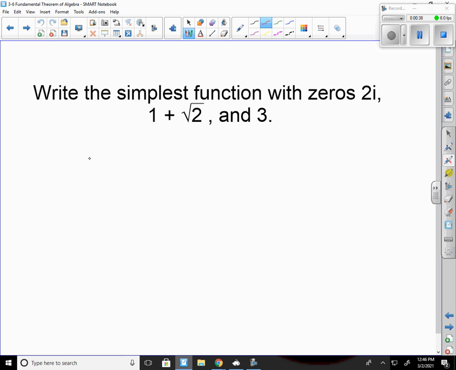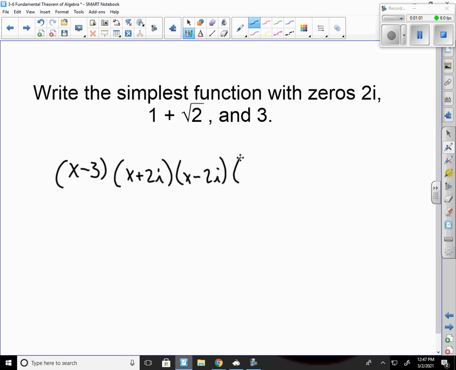And so the first thing I can do is the x minus 3, and I'm going to leave that out in front and kind of not deal with it until later. Then we have x plus 2i and x minus 2i. Remember, there's two different options for that.